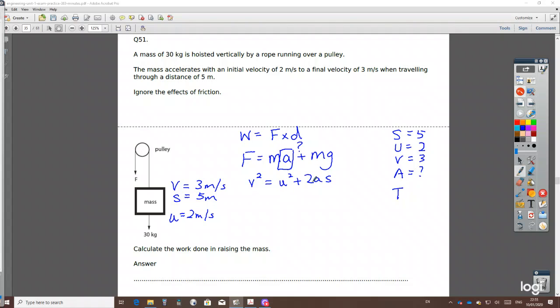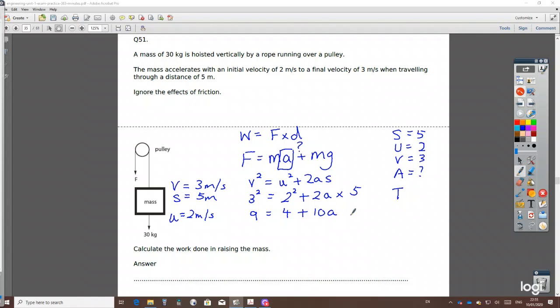If you're not confident in making a the subject of a formula at this point, I would suggest you substitute the numbers first. So let's put v squared, which is 3 squared, equals u squared, which is 2 squared, plus 2 lots of a times s, which is 5. So a bit of maths: 5 times 2 is 10, and then 10a.